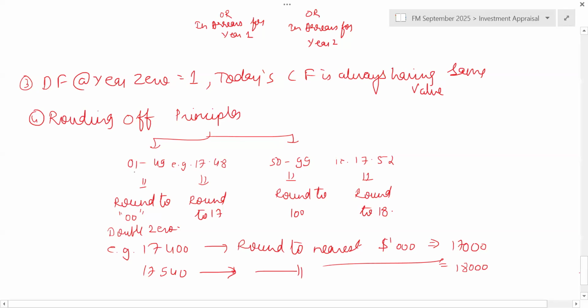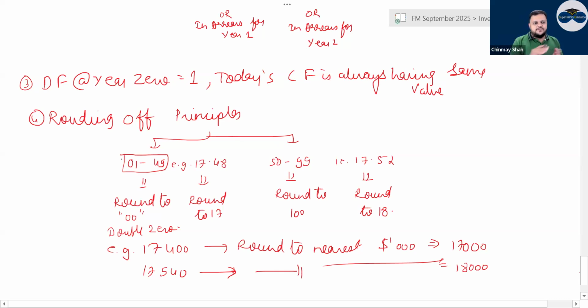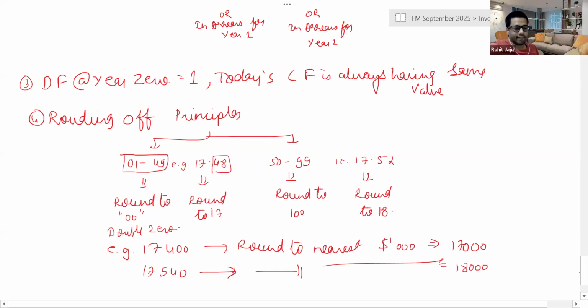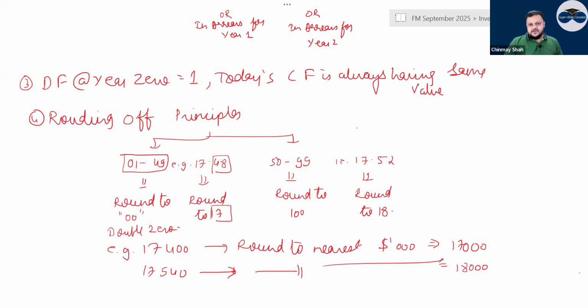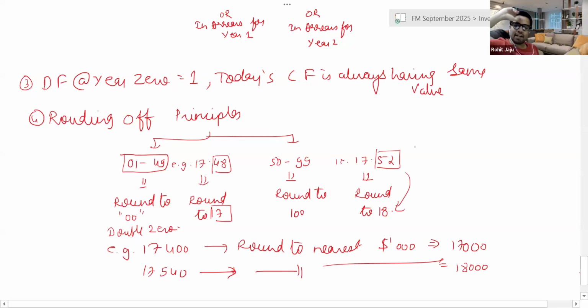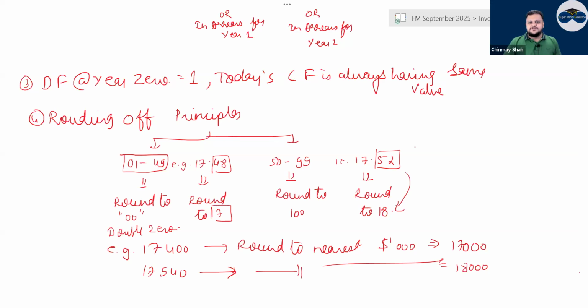If it is 0.1 to 0.49, you round it down to 00. That means 17.48 you will round to 17, right? And 50 to 99, you will round it to 100. Means 17.52 will become 18. Sir, and this will be in fractions? Yes, fractions will come; we haven't reached that far yet in ACCA. 17,400 has no fraction after it. If 17,400.1 came, it is the same: nearest 1000, so 17,000. But if it comes as 17.48% to the nearest percentage, what will you do? 18,000.